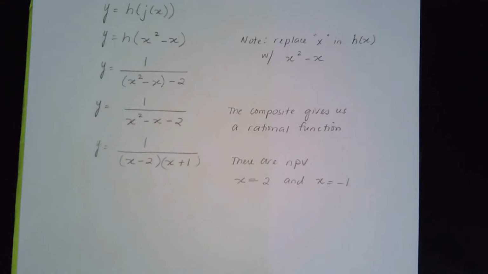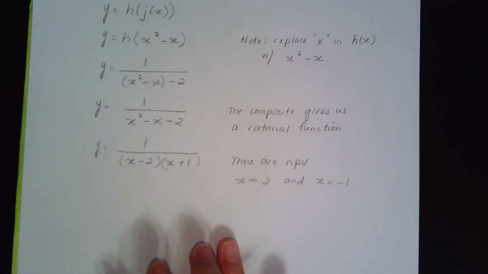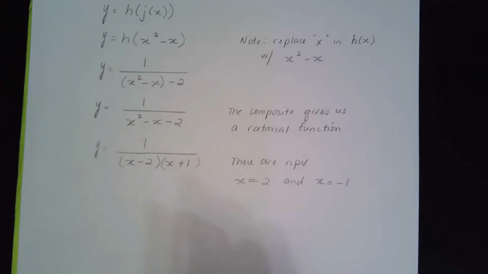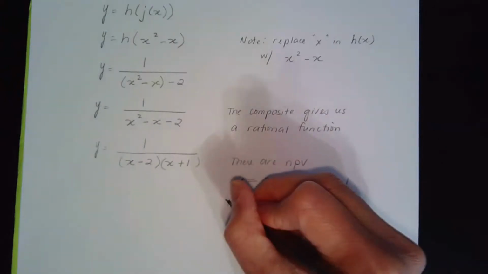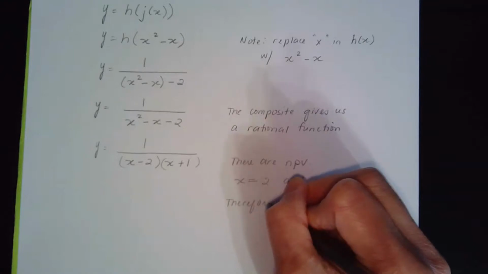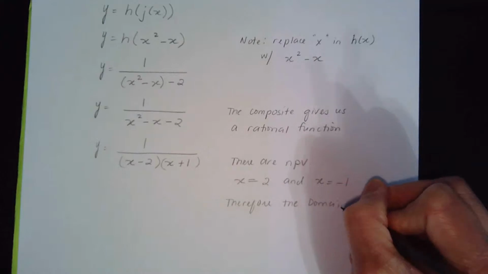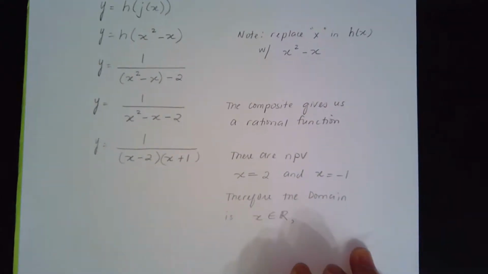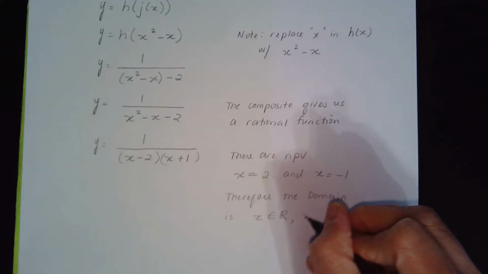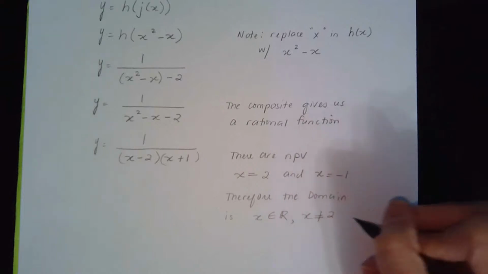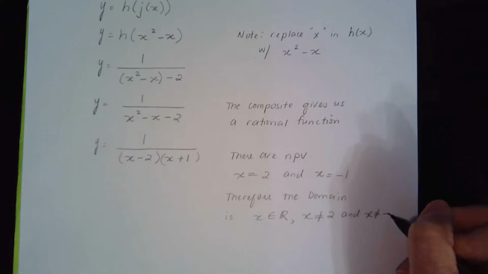So, okay, that means any x values are possible, with the exception of 2 and negative 1. So therefore, the domain, okay, x is an element of the real numbers, but x cannot equal 2 and x cannot equal negative 1.